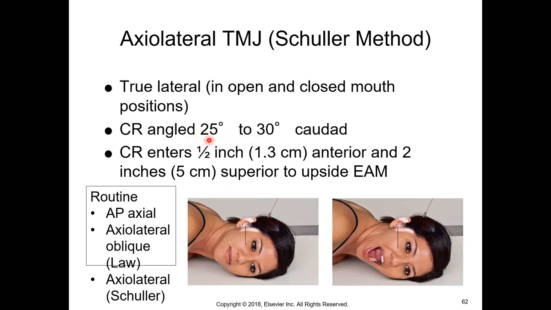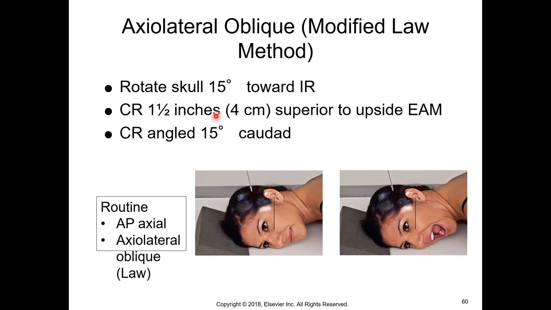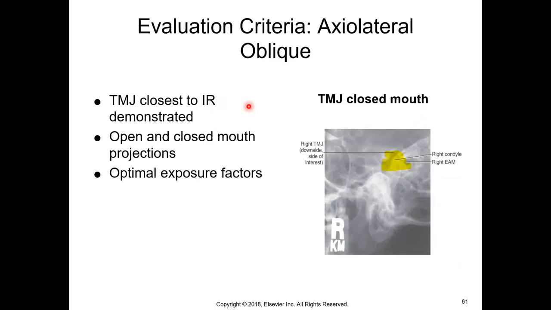You're just having the 25 to 30 degree caudal angle going into the upside of the patient, and it's going to enter 1/2 inch anterior and 2 inches superior to the EAM, so just a little bit in front of and above the EAM, and you have a greater angle, so it's going to open up that joint space a little bit more. And I just want to go back again. This one's a 25 to 30 degree angle, and I want to just show you the difference. The Law is 15 degrees, and this is what the joint space looks like when it's closed.